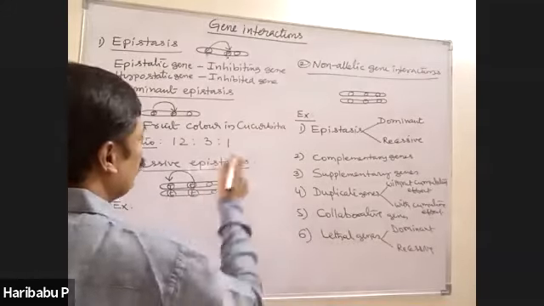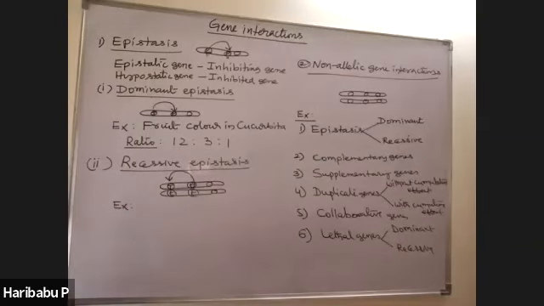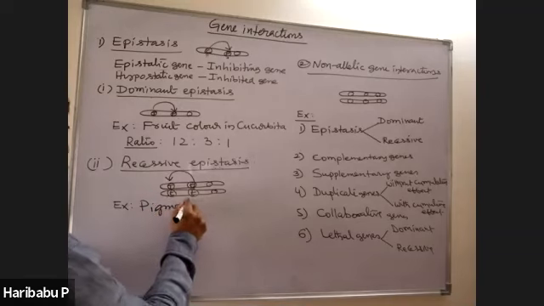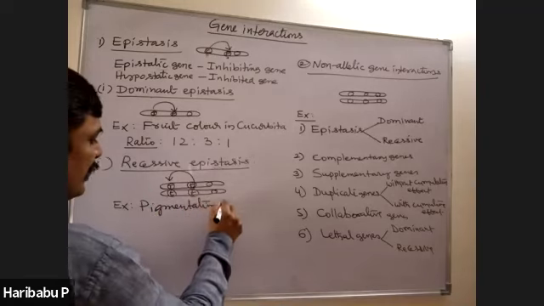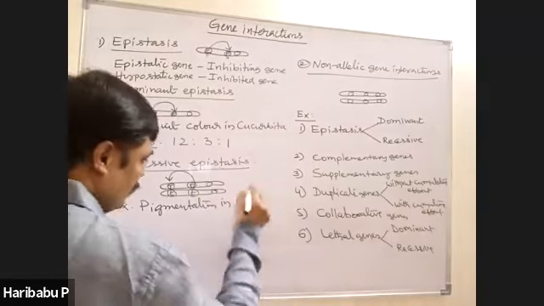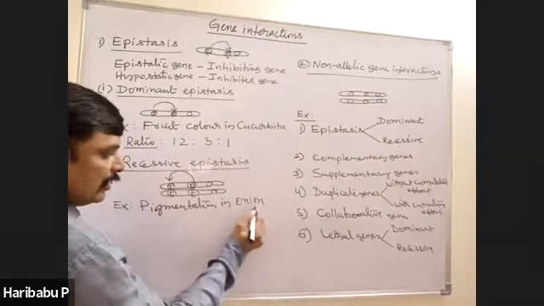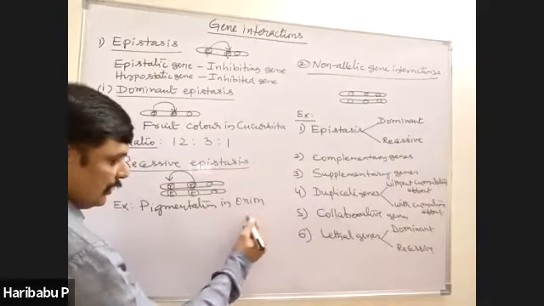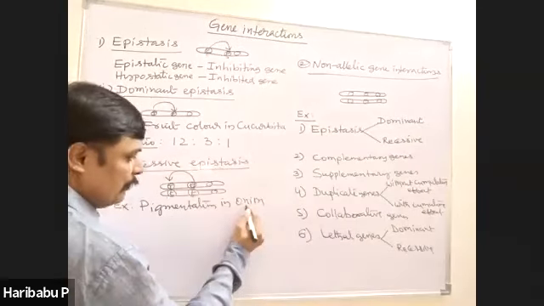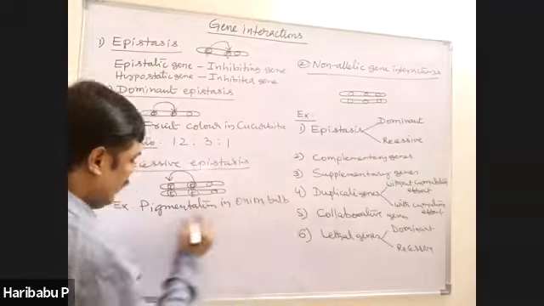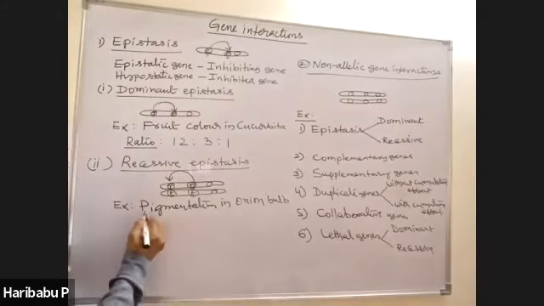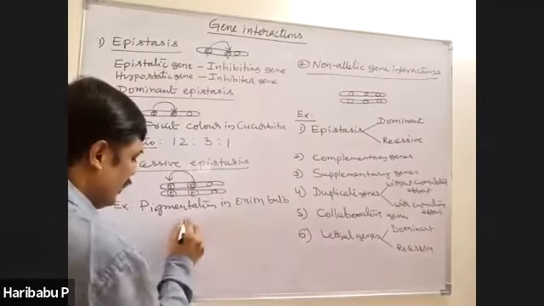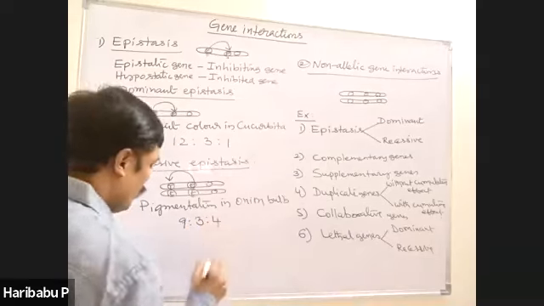Fruit color in cucurbita is an example for dominant epistasis, and pigmentation in onion is the best example for recessive epistasis. Onions differ in colors, like white, red, pink, like that. The pigmentation in the onion bulb is an example for recessive epistasis. Here the ratio is modified as 9:3:4.